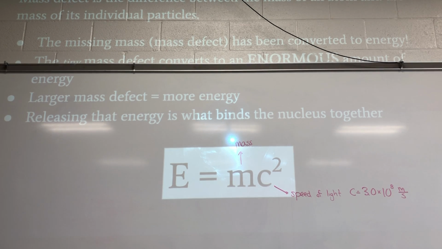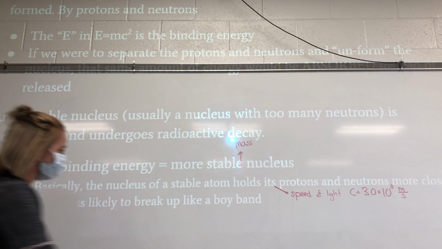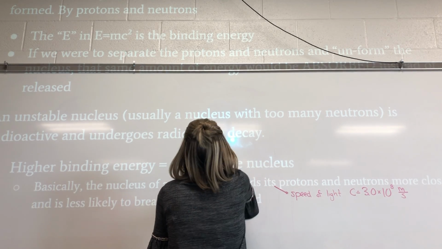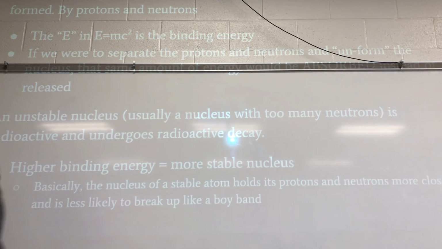And that's where we get all this energy from: number one, why the sun has so much energy, and second, why nuclear bombs and nuclear power have so much energy. Nuclear binding energy is the energy that gets released when the nucleus is formed by the protons and the neutrons. The E, once again, represents the binding energy. And if we were to separate them, then that energy gets released.